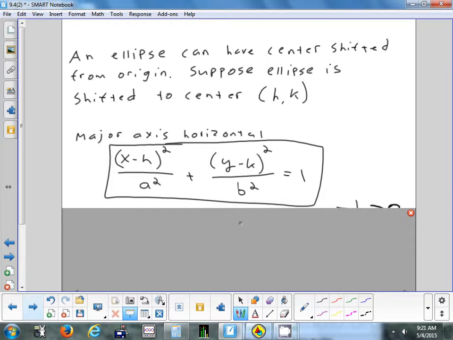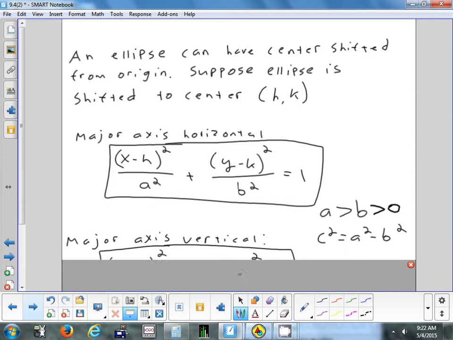It's x minus h squared over a squared plus y minus k squared over b squared equals 1. How do we know it's horizontal? Well, we put a under x, and a is always the bigger number.